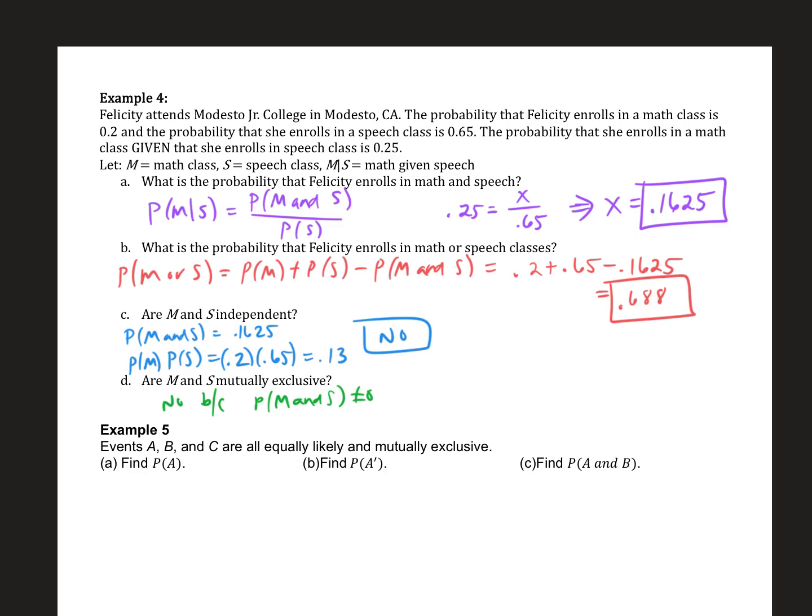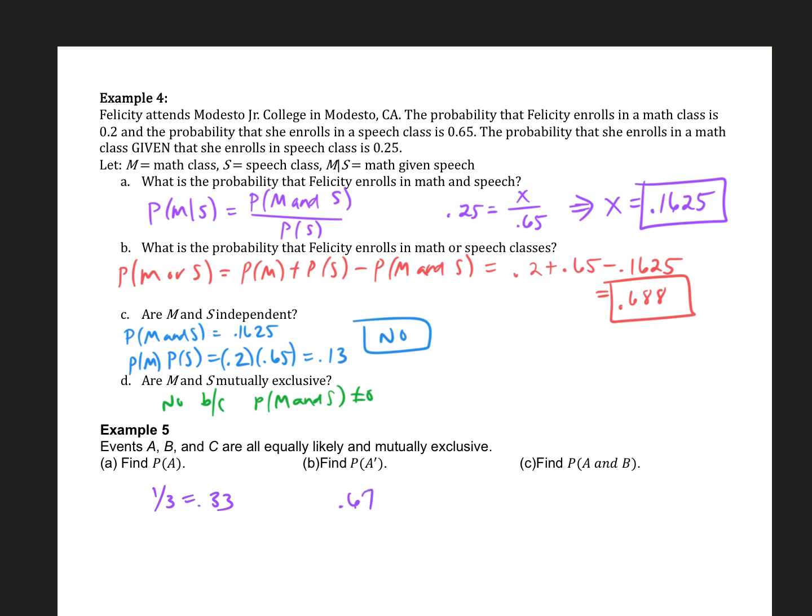Okay, example 5. Events A, B, and C are equally likely and mutually exclusive. What does that mean? They have the same probability, so they are all 1/3, 0.33, okay? And mutually exclusive means intersection is 0. So what's the probability of A? 1/3 or 0.33. What's the probability of A complement? 2/3 or 0.67.